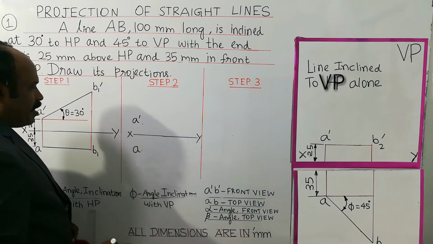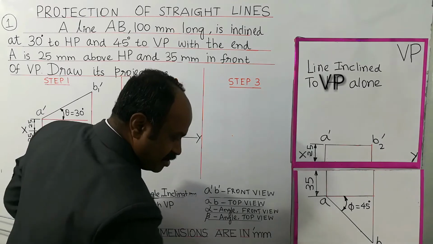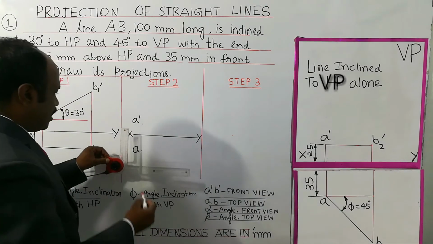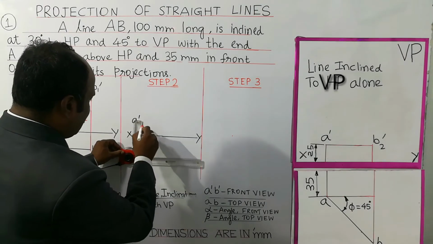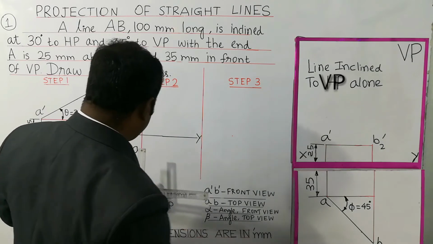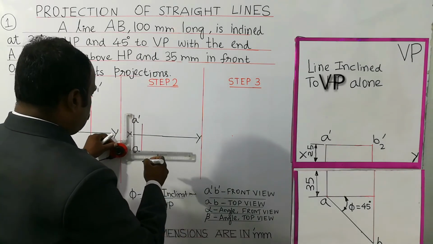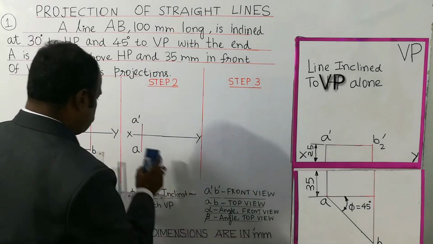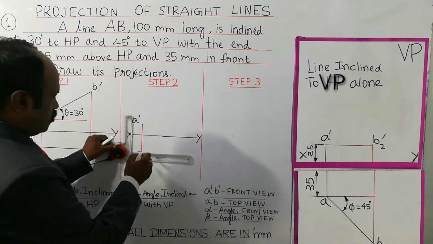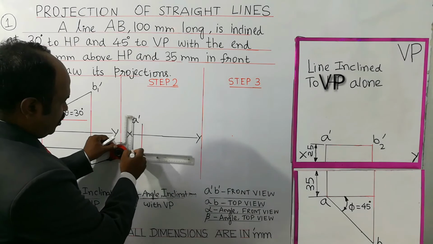This is A, and both are connected by a projection line. Both will fall on the same vertical line, and the distance is to be dimensioned. Dimensioning is important in every case.